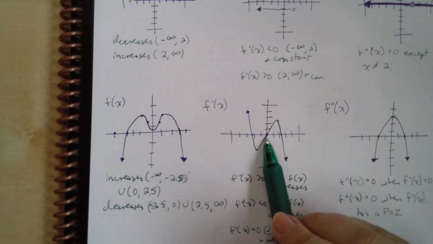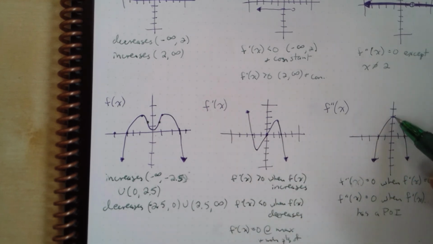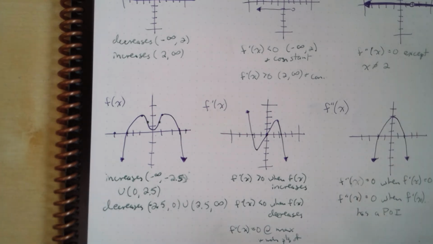So our point of inflection here was 0. This actually, it's equal to 0 there, right? Because that's going to be our relative maximum now. And then these relative minimums, minimum and maximum, became our zeros there.